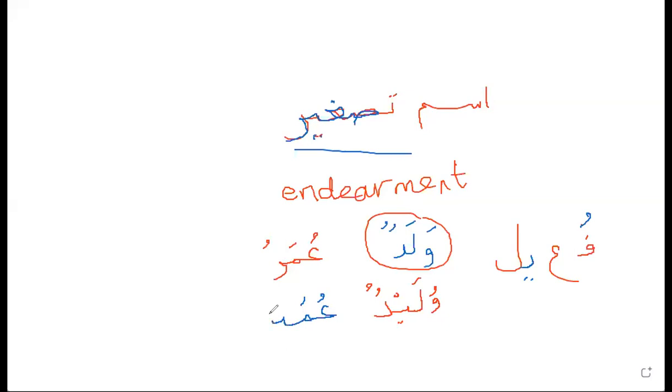You add the ya, as we said, with the sukoon, and then the ra comes in. What do you get? Can anyone read it? Umair. Umair. Let's try one more.